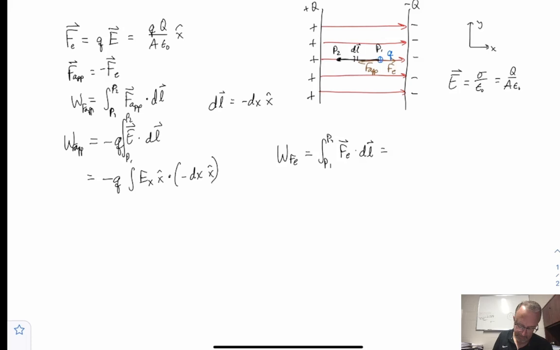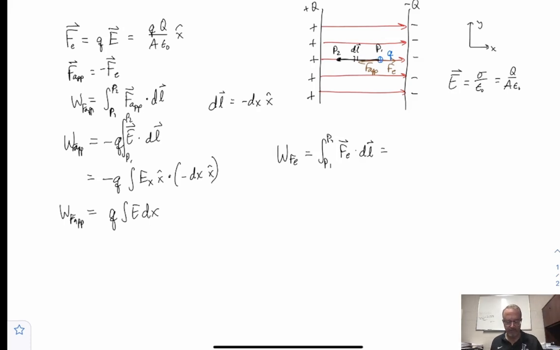So this actually ends up being Q, x hat dot x hat gives 1, but there are two negative signs there, and so they cancel out. And so what I end up with is E dx. This actually ends up being a positive quantity.